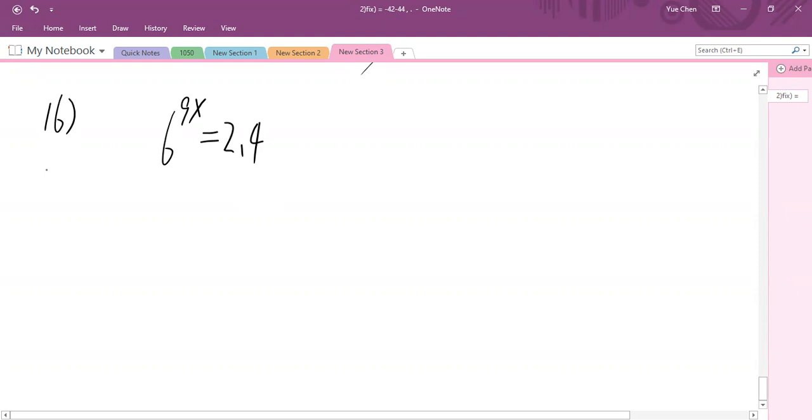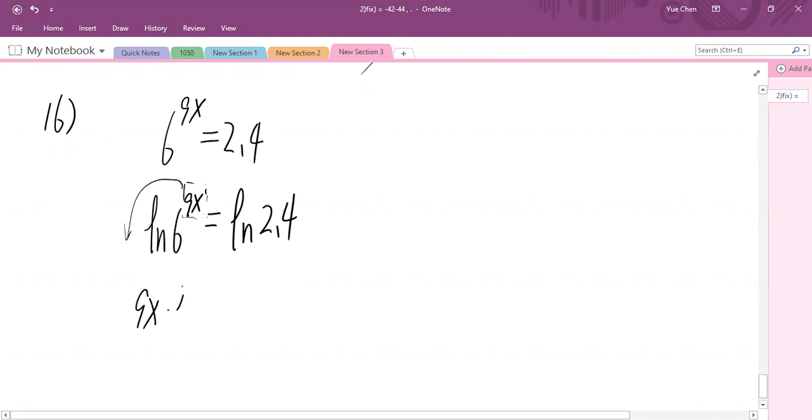So we need to take the natural log on both sides. Then you can bring down this x, right? Of course, you can bring down more, just 9x. You can bring down this whole exponent and take it in front.